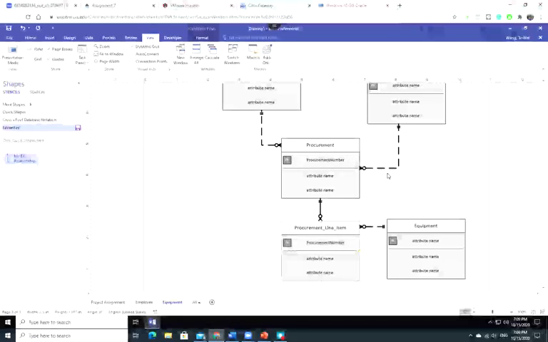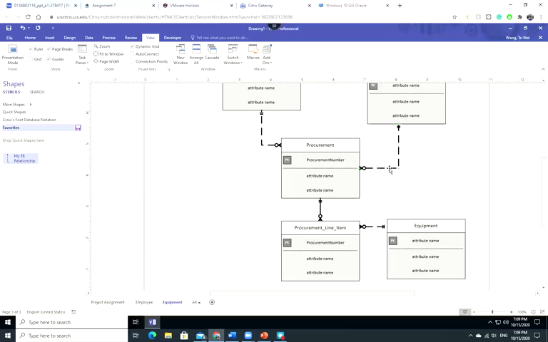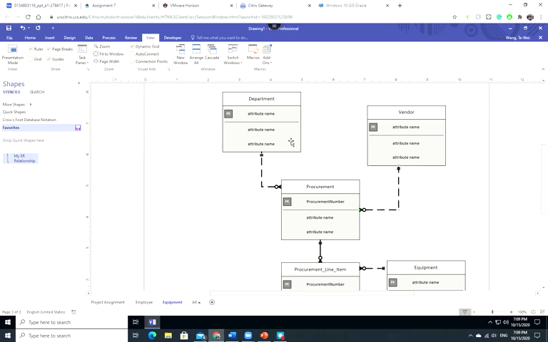So the dot or dash line are non-ID dependent because the entities themselves can exist independently by themselves. Each one of them is called a strong entity. So department is a strong entity, it exists by itself. Vendor is a strong entity, it's just one vendor out there. If a vendor does not have a customer, it's still a company, it's still a vendor out there.